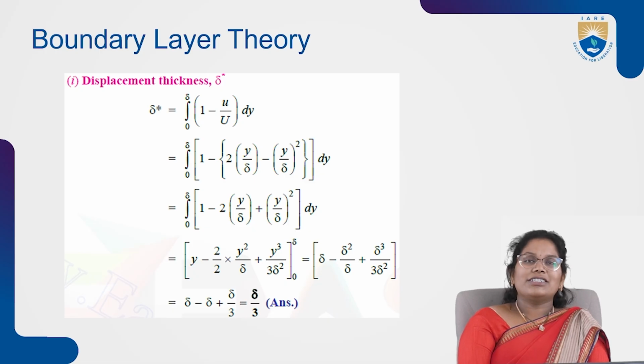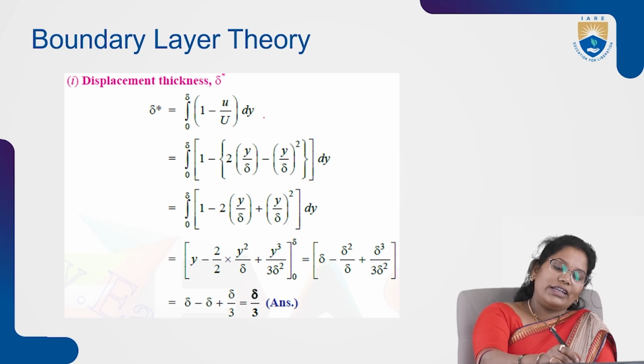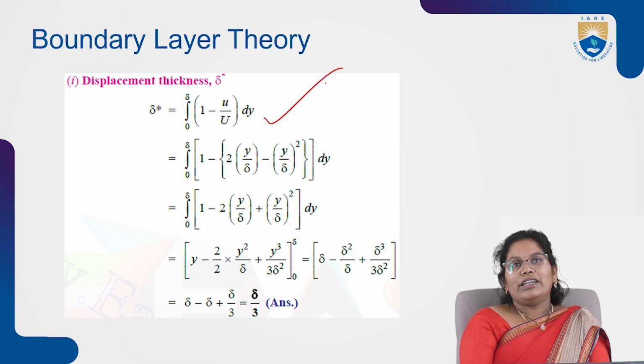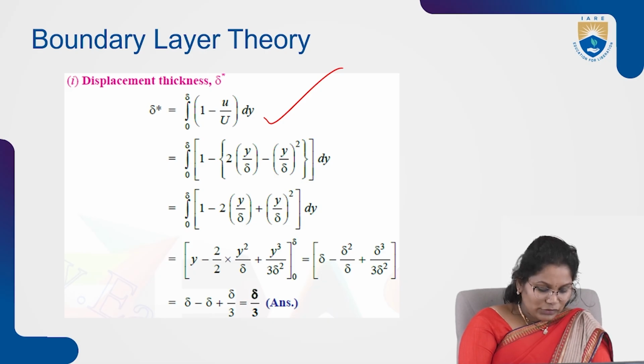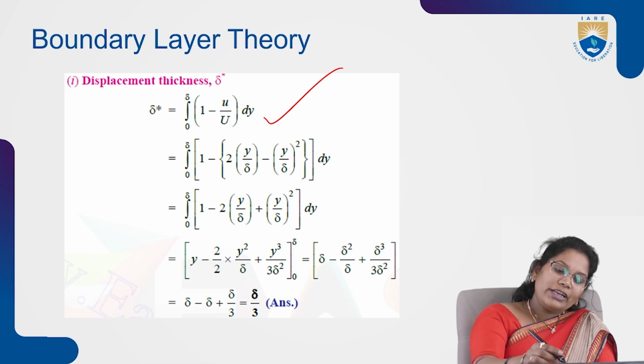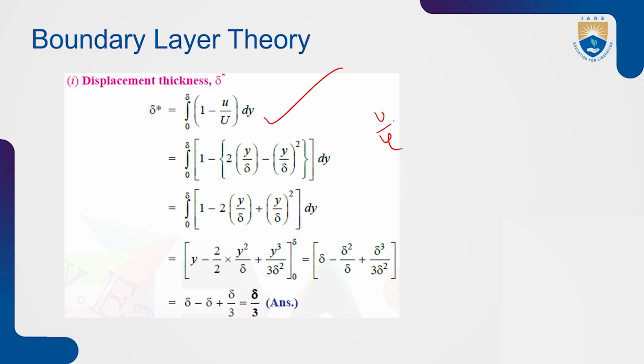So now here delta star is, this is the equation, integration of 0 to delta of 1 minus small u by capital U into dy. Here u by capital U is 2y by delta minus y square by delta square.